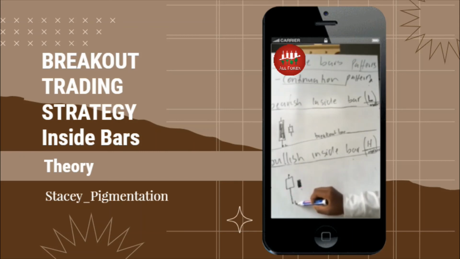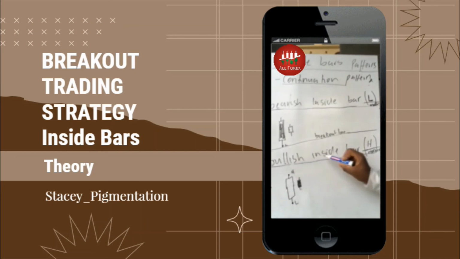This is the low, this is the high. This is still an inside bar pattern, even though they look the same size. The only thing that matters is that the leading candlestick high and low covers the body of the next candlestick. So let me just use it as a proper inside bar like that, right?